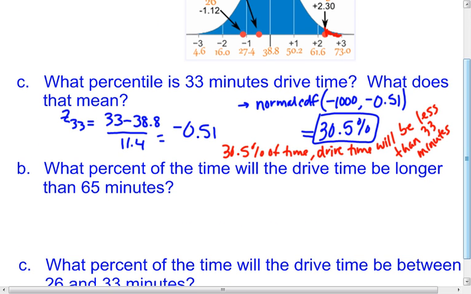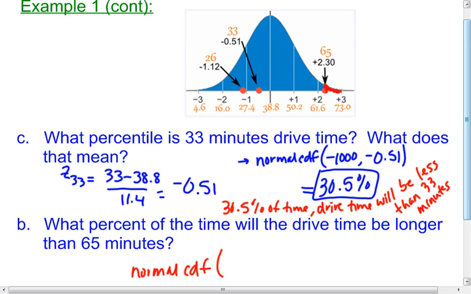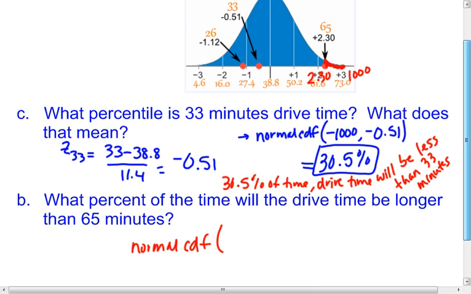So you're going to go to normal CDF again. Okay. You're going to put in the left edge of the area that you're trying to find. Again, the left edge is z-score, not raw score. So the z-score right here would be 2.3. The right edge over here, I don't know, and so I'm going to use positive 1,000 for the right edge. Okay. So I go over here.